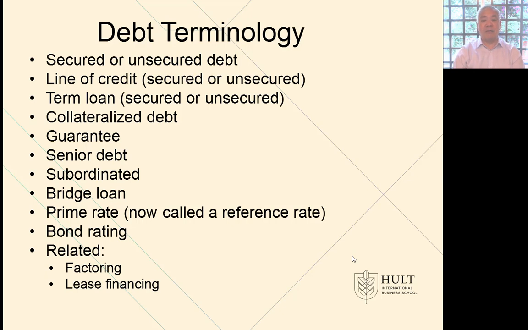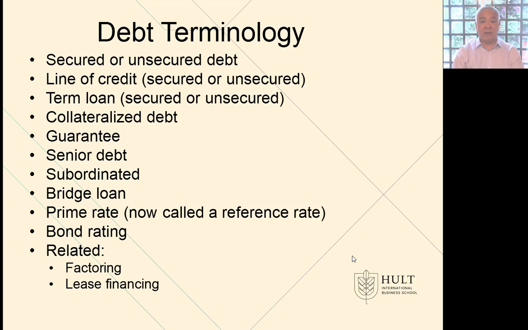Prime rate, this is now more often called a reference rate, but it's still used in a prime rate terminology because of historical remnants. A prime rate is the rate that is provided to the bank's best customers, and that's the definition of it. But over time, the reference rate has more been a derived number based on the cost of capital to the bank. In the past, those were synonymous.